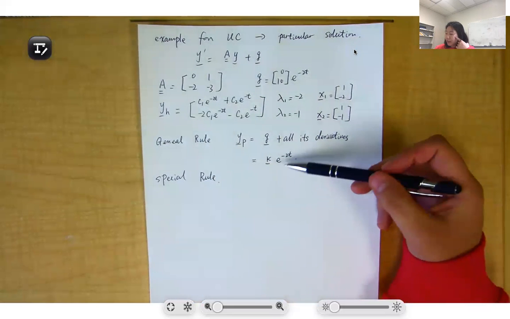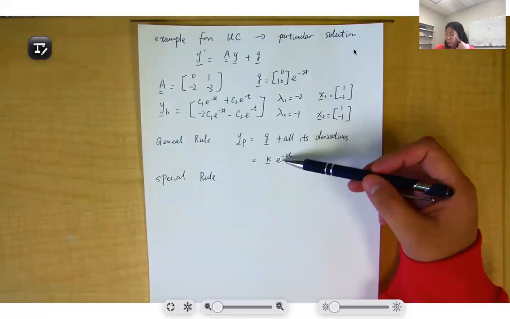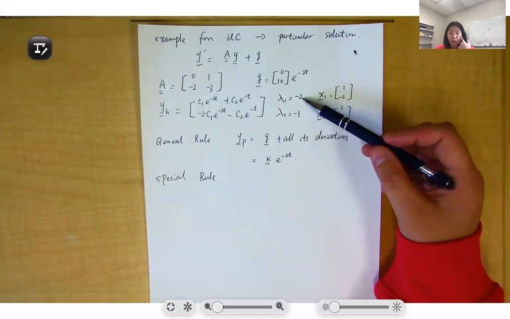So this e to the -2t means this -2 part is the same as our eigenvalue, right?